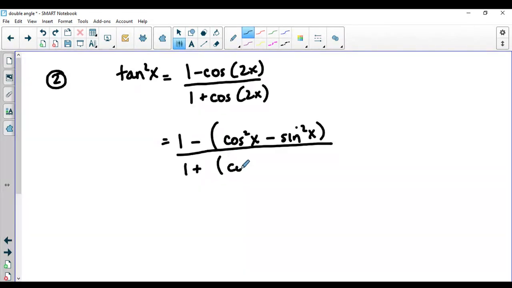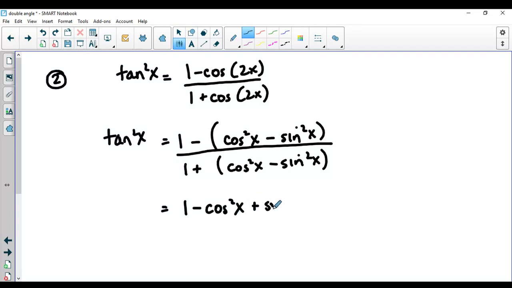So be careful with trying to cancel out terms. Okay, so what do we have here? Let's change our signs here. So we're going to just distribute: cosine squared plus sine squared. And at the bottom, nothing changed here.